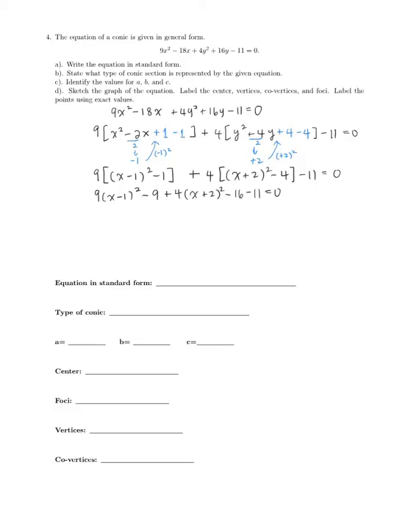Now bringing all the constants to the right hand side, our equation is going to look like 9(x minus 1) squared plus 4(y plus 2) squared equals 36. Okay, now in order to write this out, we're going to have to divide everything by 36. Looks like it's going to be an ellipse. Oops, did I put x instead of a y? Sorry about that. So this should be a y.